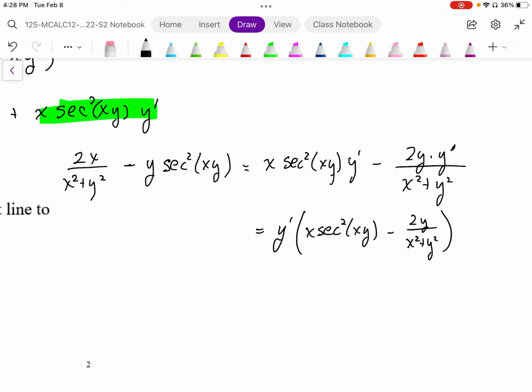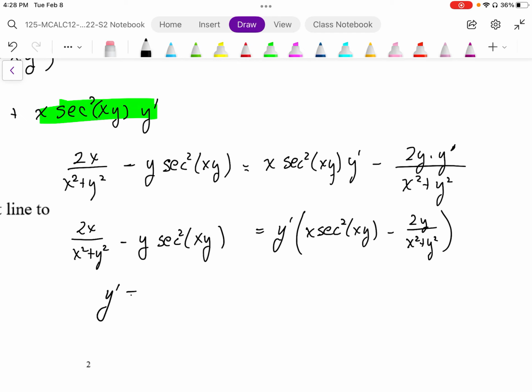On the left-hand side, I have 2x over x squared plus y squared minus y secant squared xy. Now when I divide this, I'm going to have kind of embedded fractions. I suppose I could simplify this, but really we can just leave it.